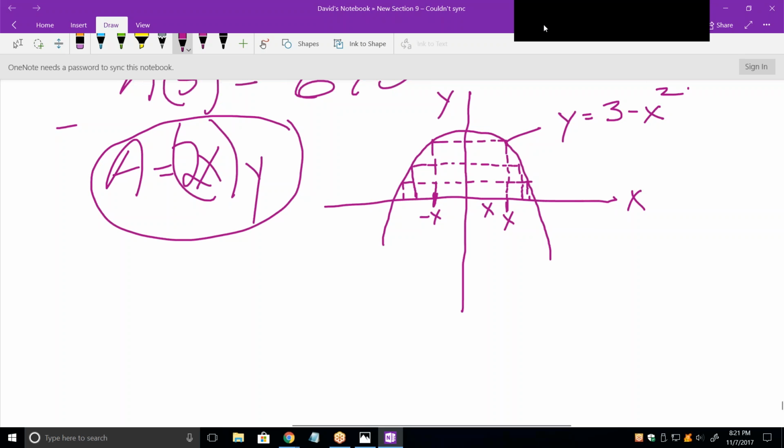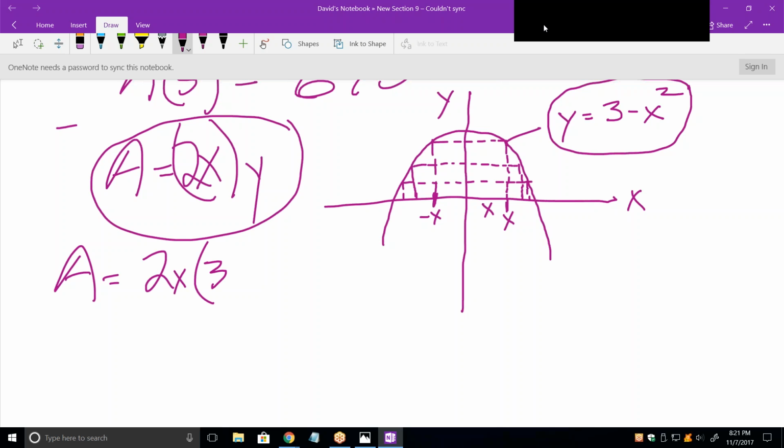So we have this other equation here that tells me what y is as a function of x. So I substitute it. And now I've got the area of the box is 2x times 3 minus x squared.